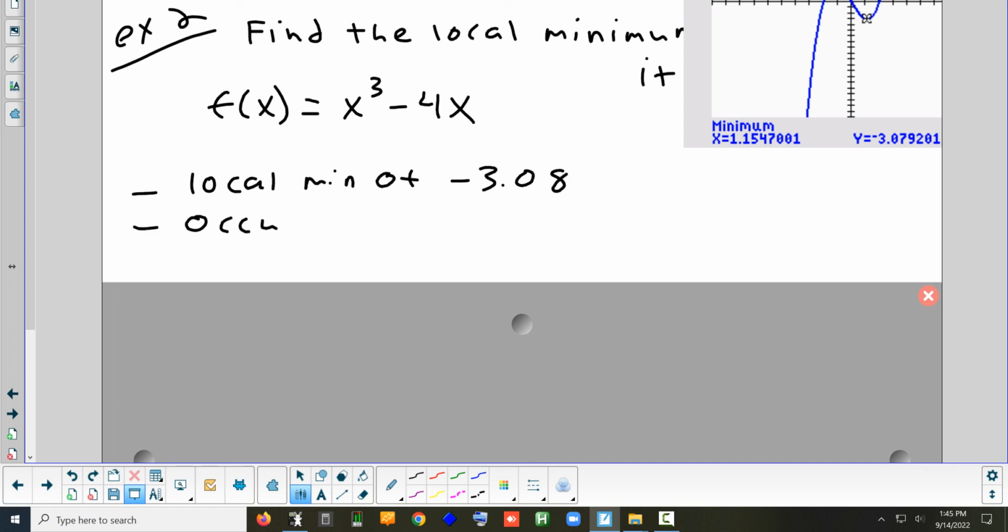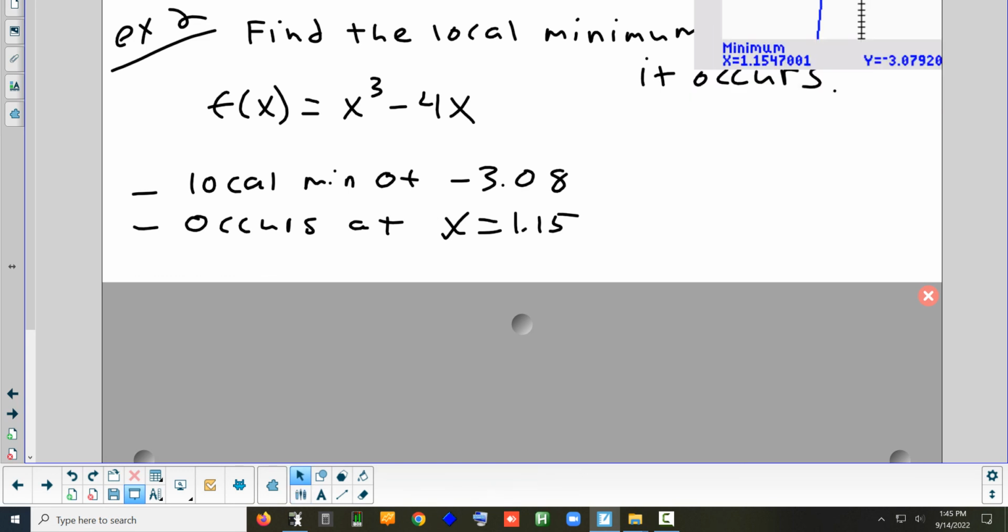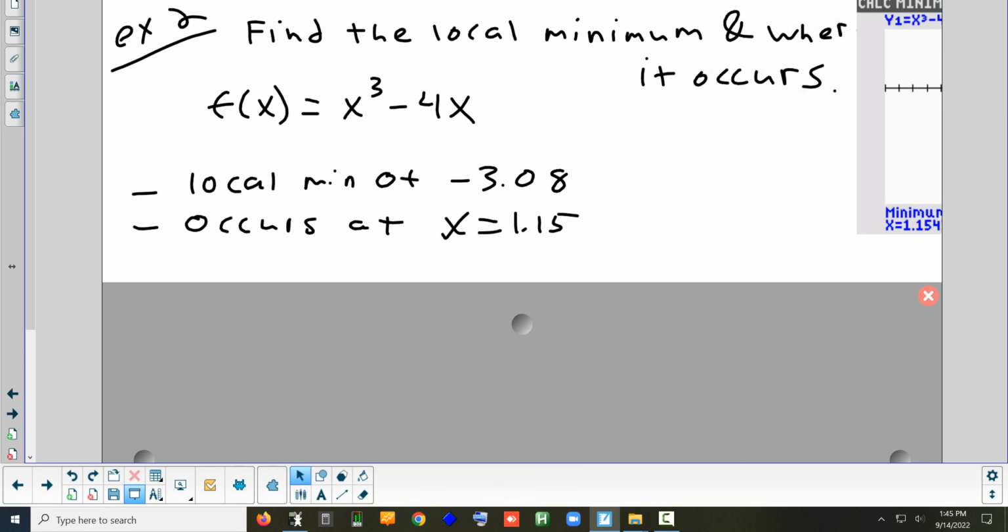And this occurs at x equals 1.15. So that answers both questions. What the local minimum is and where it is.